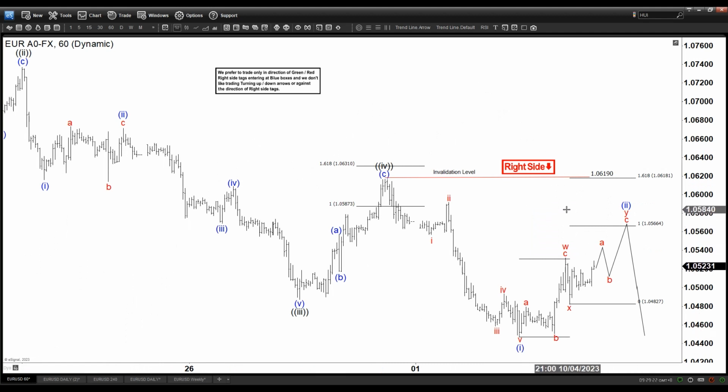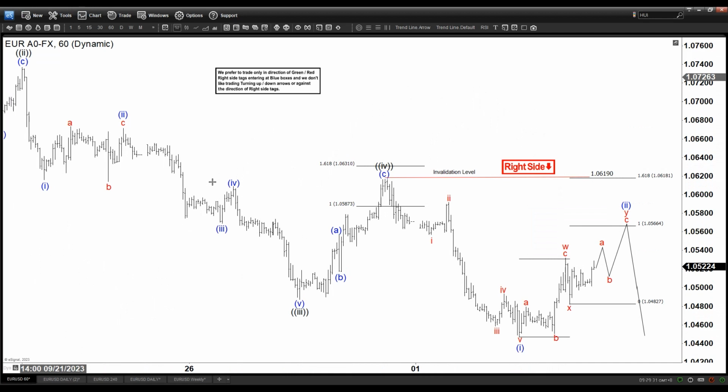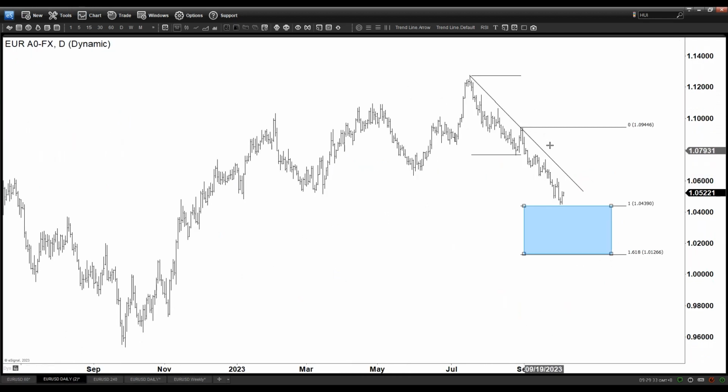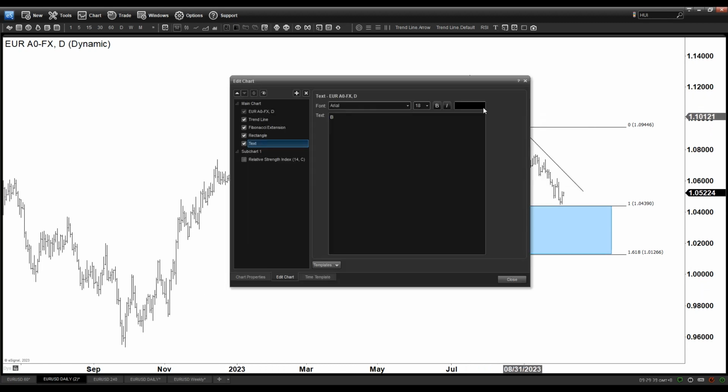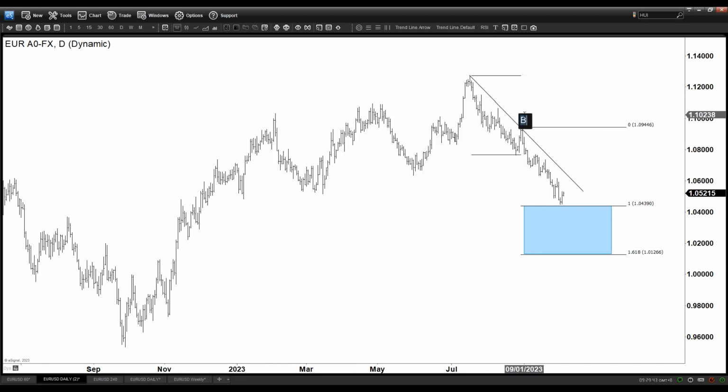Now, what about alternates? Well, alternates can be that if you look again on the daily, right? So if this is a 1, 2, 3, 4, and then let's assume this is bullish, right? So that means this is a B. Now, if you're bearish, then you put it as a 2. No problem, right?